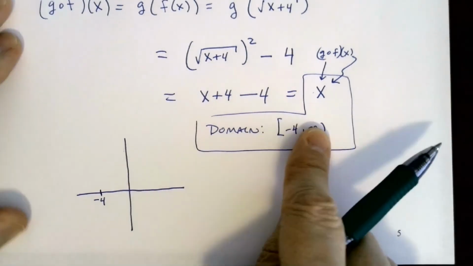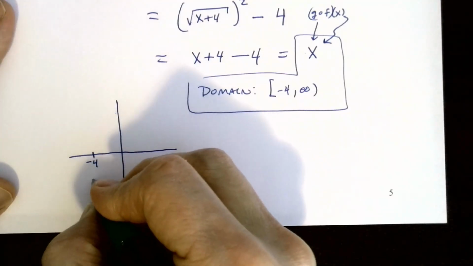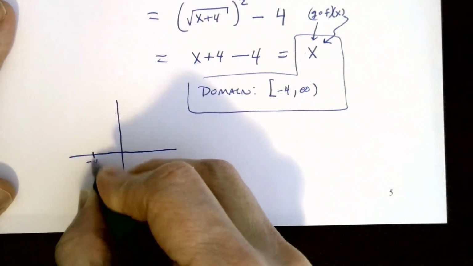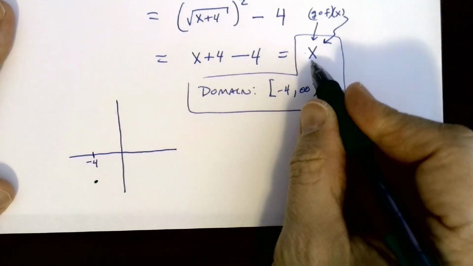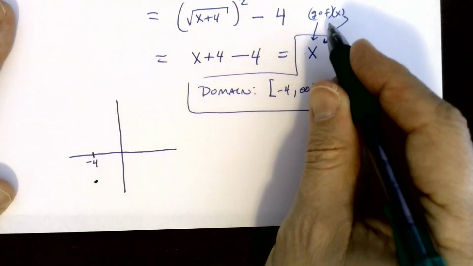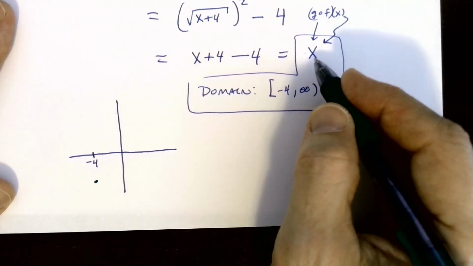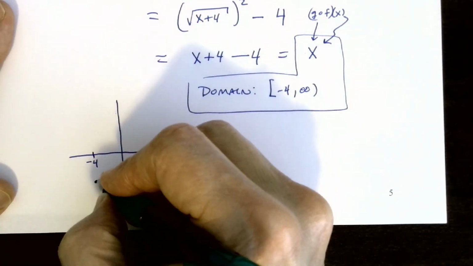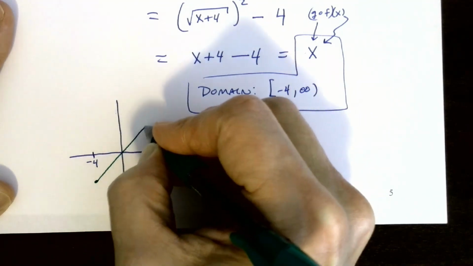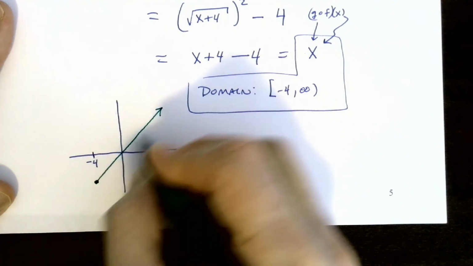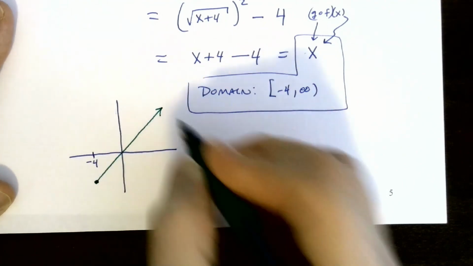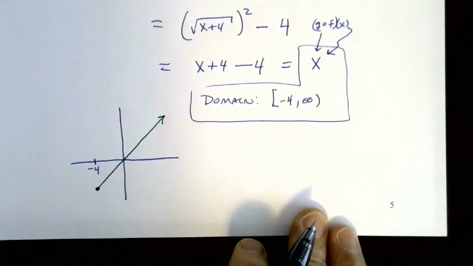The domain is -4 to infinity, so we start at input -4, output -4, because the graph is input x, output x. And so we get this line of slope 1 passing through the origin, except it's a half line, if you will, or a ray. It starts from this point here on. That's the graph of our function.